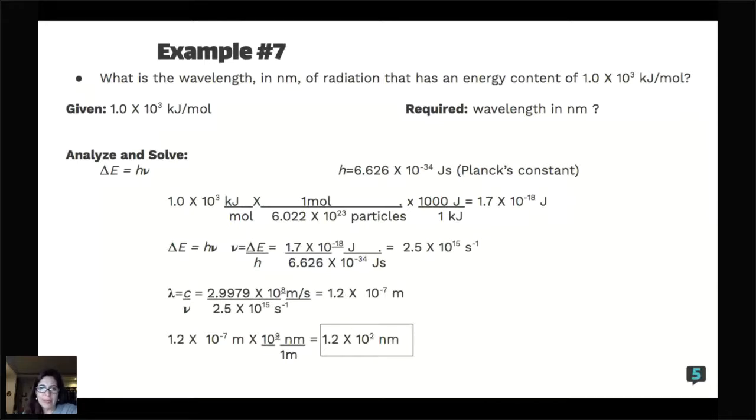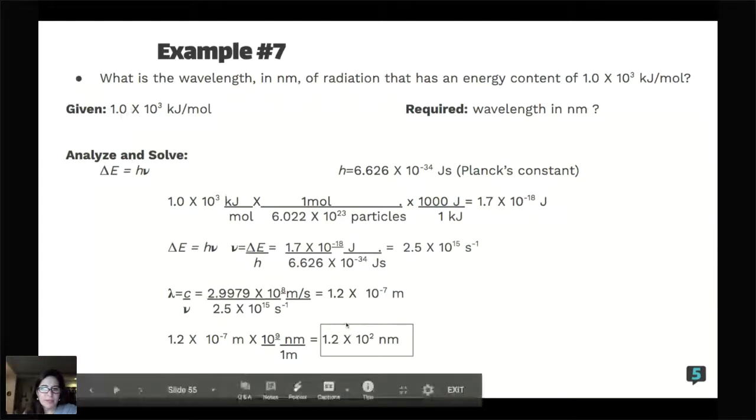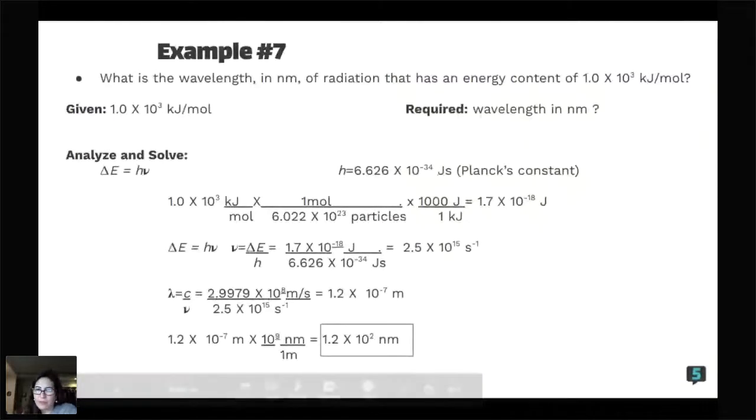And as I mentioned already, we have to be aware of the sig figs. So we need 2 sig figs on our final answer. Any questions here? Okay, excellent. We're going to move on.